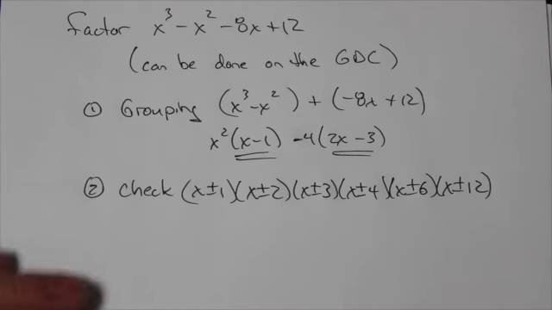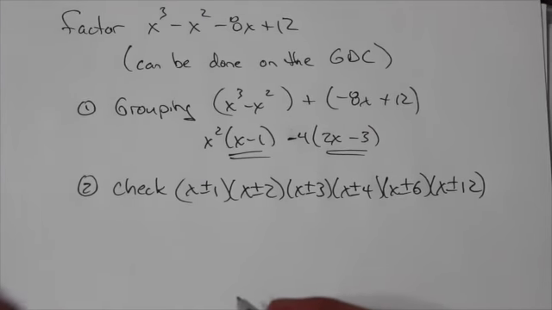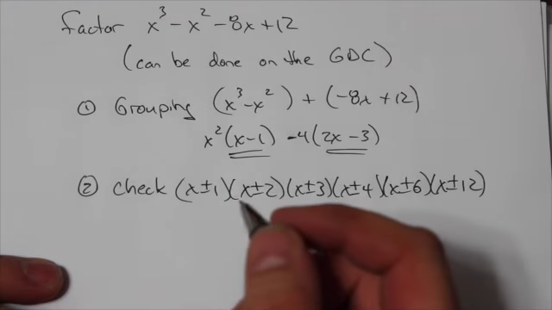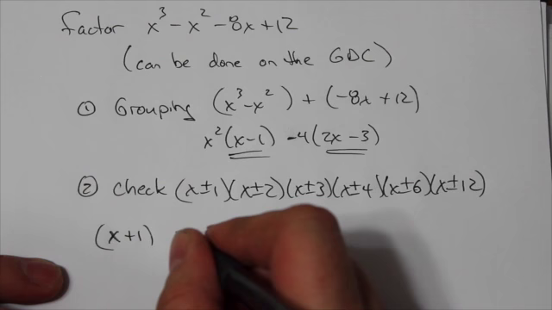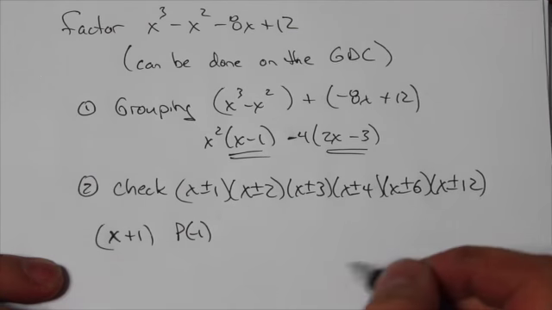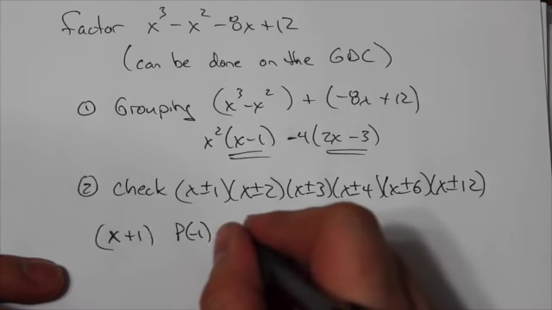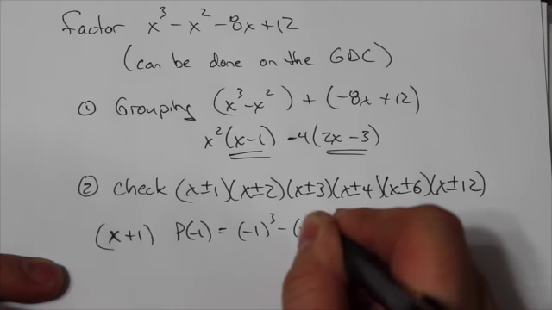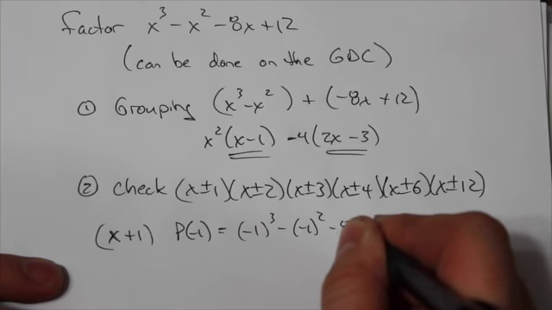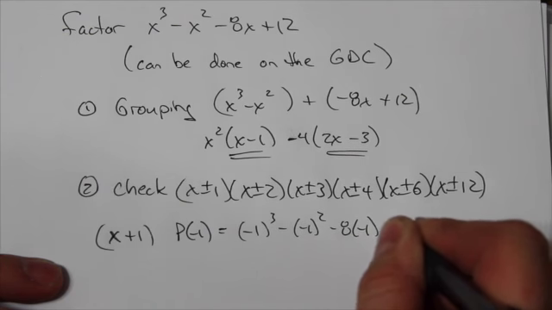Now I'm going to use the remainder theorem to check those. The first thing I'm going to do is check x plus 1, which means I'm going to plug negative 1 into that polynomial. So it's negative 1 cubed minus negative 1 squared minus 8 times negative 1 plus 12.